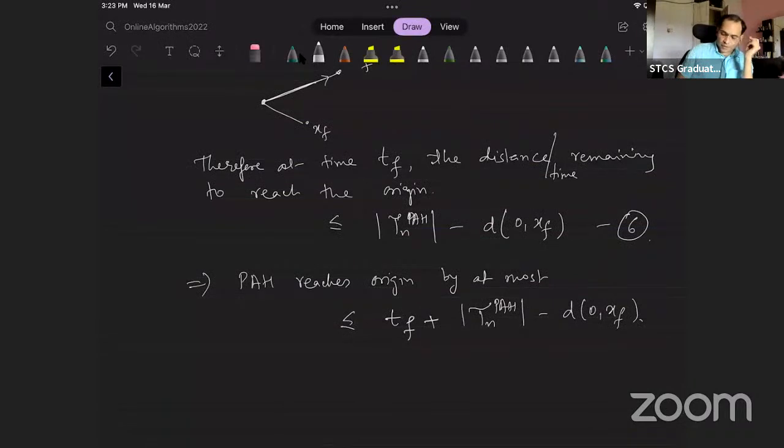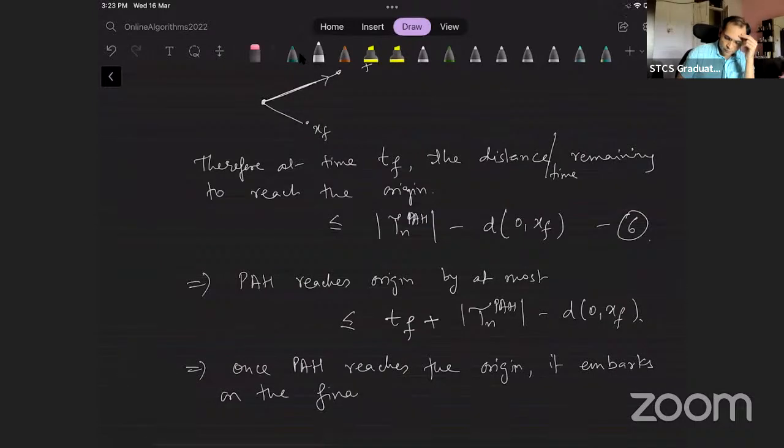Now what does it do once it reaches the origin? It embarks on the final tour. Let's call that En plus 1 PAH, just to cover all the disregarded requests.